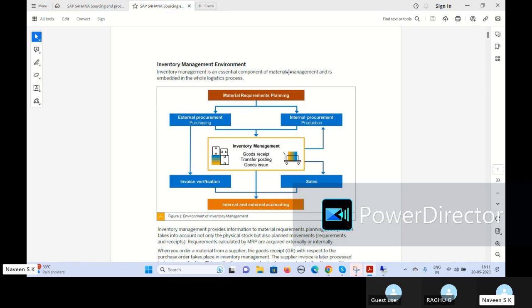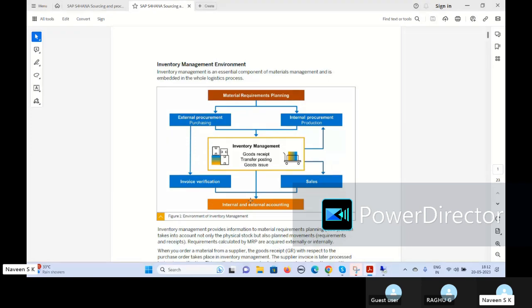That is what this particular picture is saying. Also, because a material has a value, it is related to invoice verification, so there is a finance-related effect too. Inventory is a value to the organization.